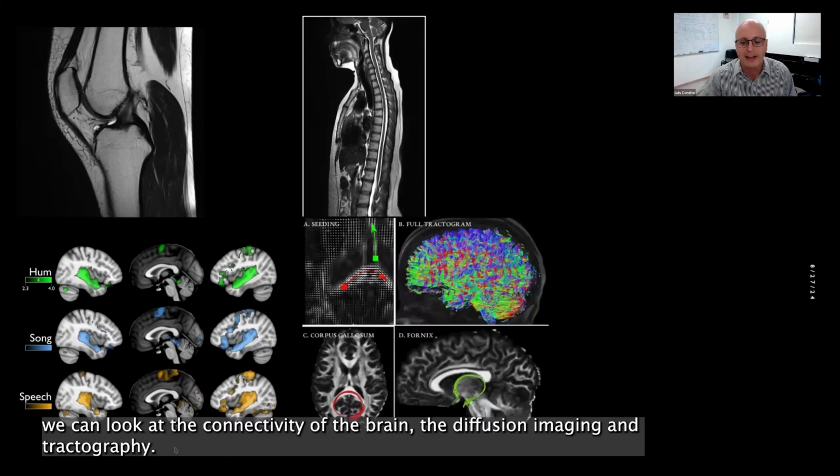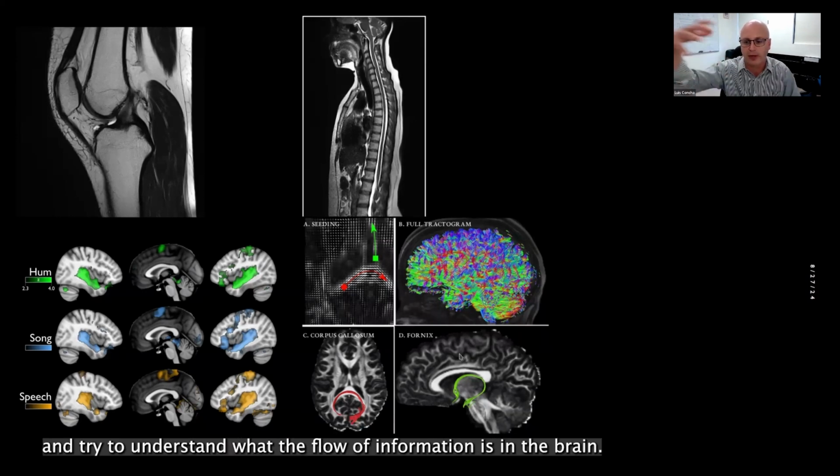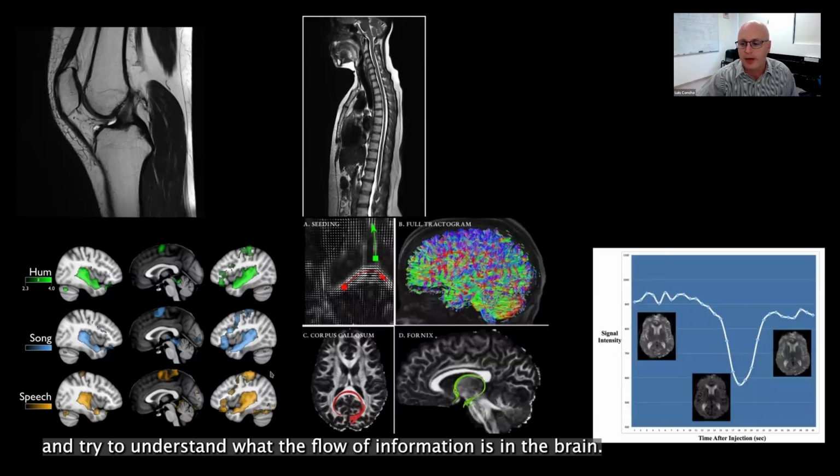We can look at the connectivity of the brain via diffusion imaging and tractography. We can look at how one part of the brain connects to another part and try to understand what the flow of information is in the brain.